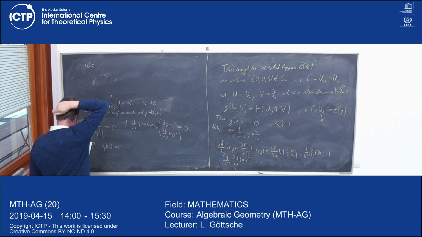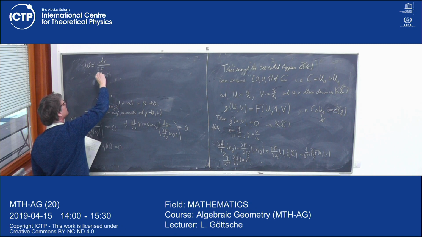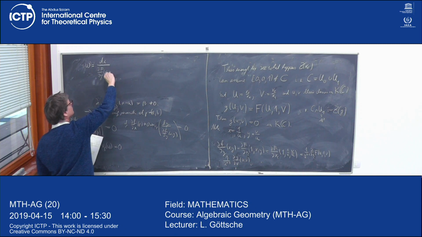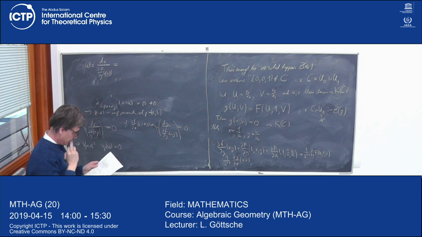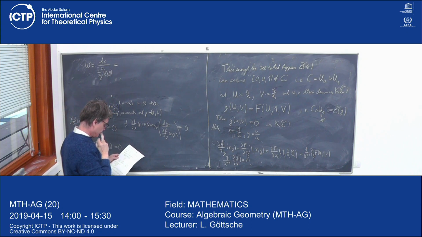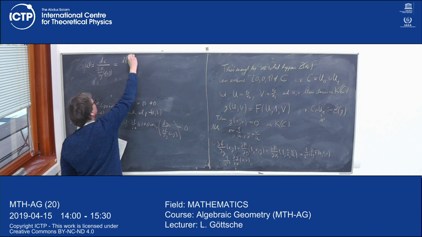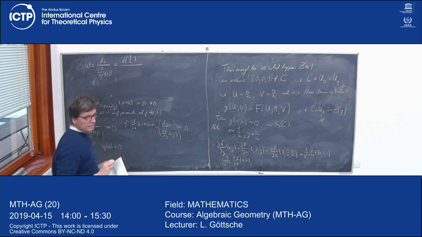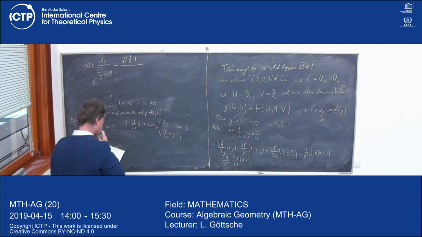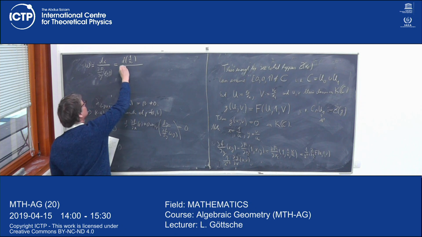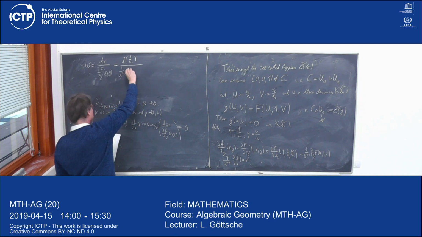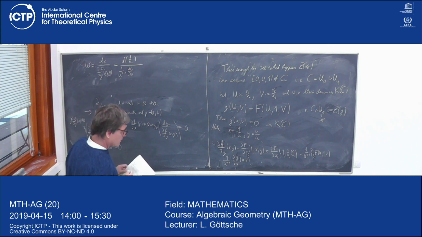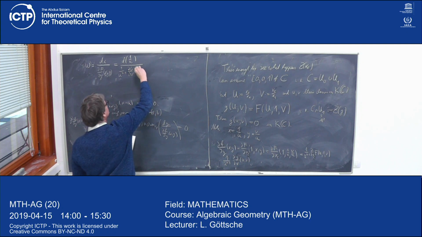Omega, which is equal to dx over df by dy of xy, is in this chart equal to d of 1 over u divided by this thing, 1 over u to the n minus 1 dg by dv of u, v.